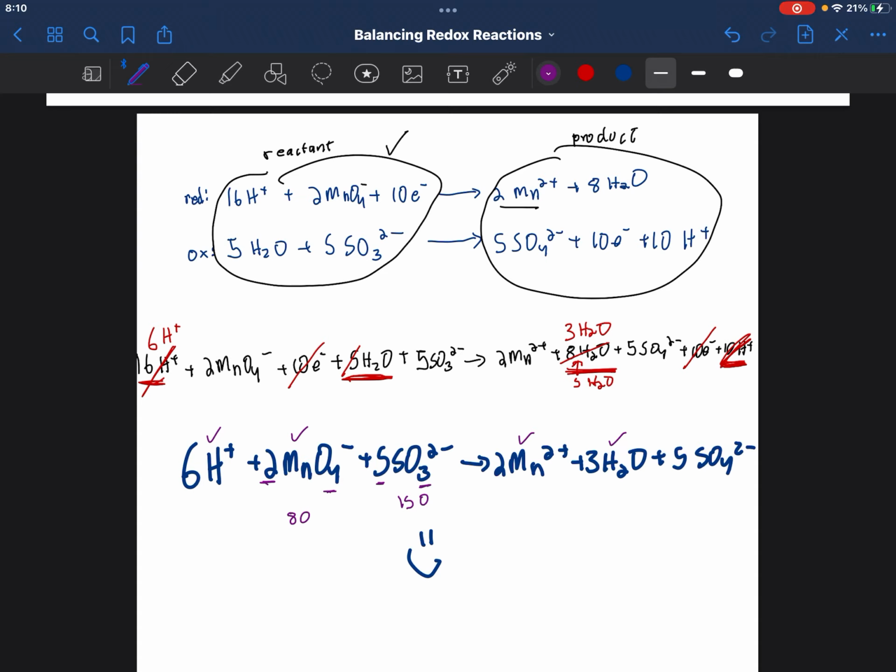And so in total, I have 23 oxygens. Here I have 3 oxygens plus 20 oxygens. So again, 23 oxygens. So my oxygens are good. 5 sulfurs, 5 sulfurs. I am balanced.